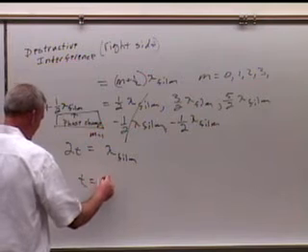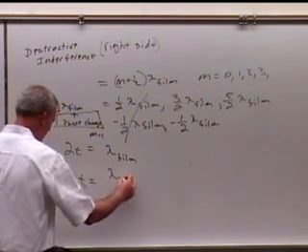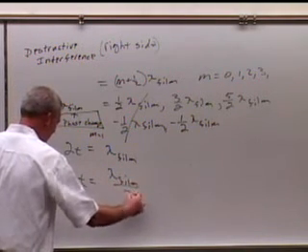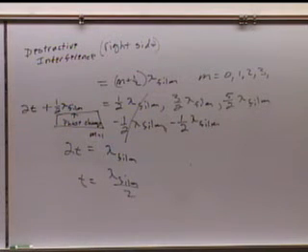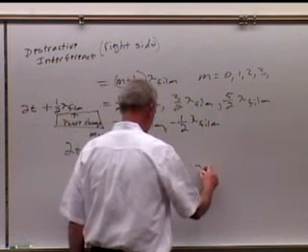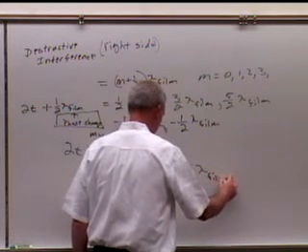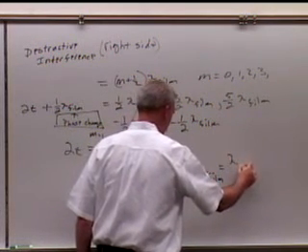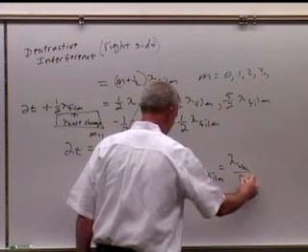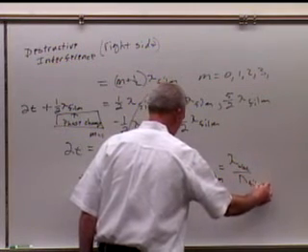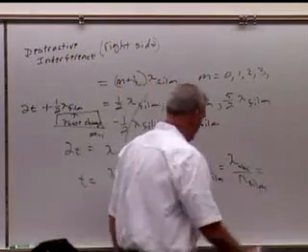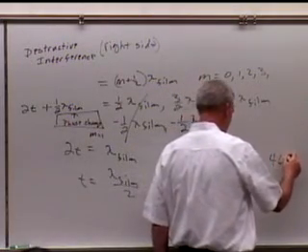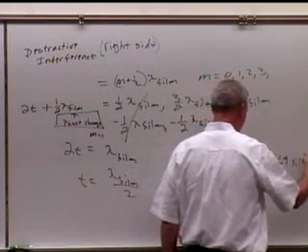Because T is equal to lambda film divided by 2. Okay? Where lambda of the film is equal to lambda in a vacuum divided by N of the film. So in this case, they told me it's 469 times 10 to the negative 9 meters.